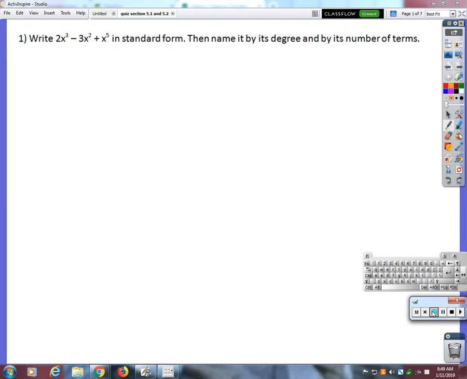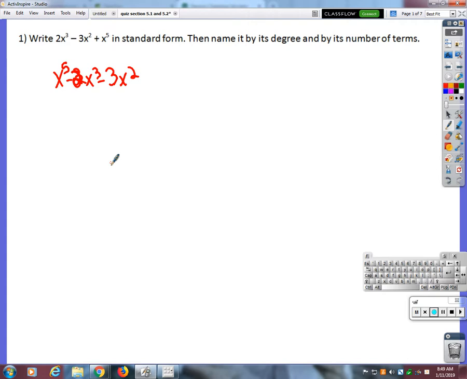All right, so first one said write 2x cubed minus 3x squared plus 5x in standard form, then name it. So we need to reorder this by exponents from highest to lowest. So the x to the 5th is the highest, so it goes first. And then the negative 2x cubed is next, so it goes second. And then the negative 3x squared goes after that.